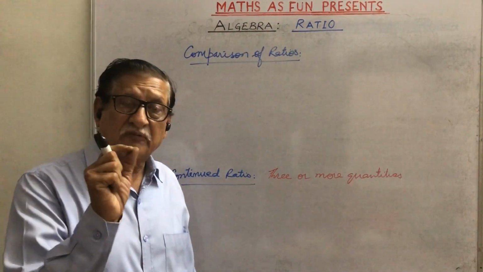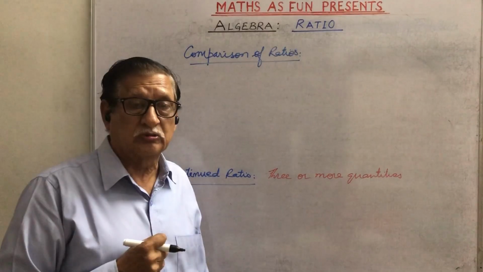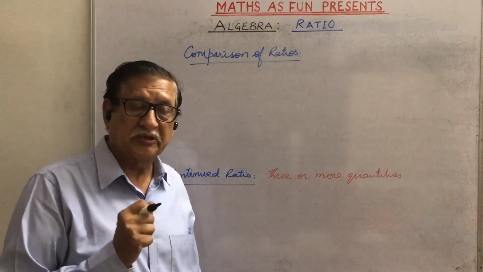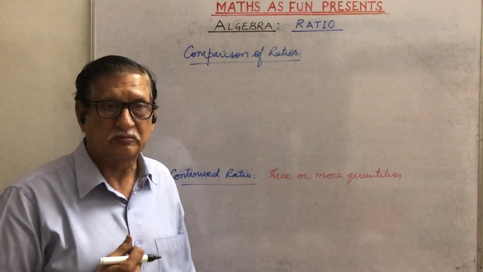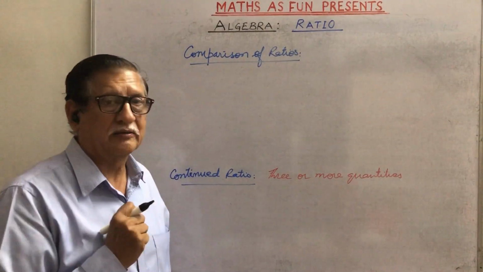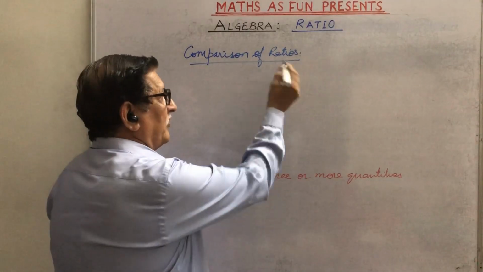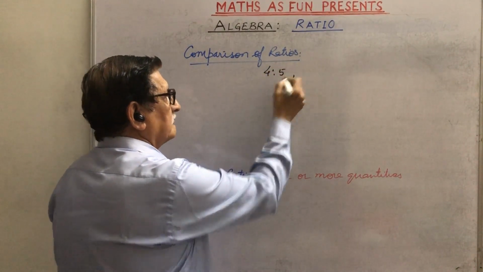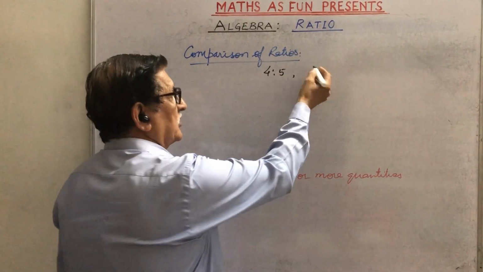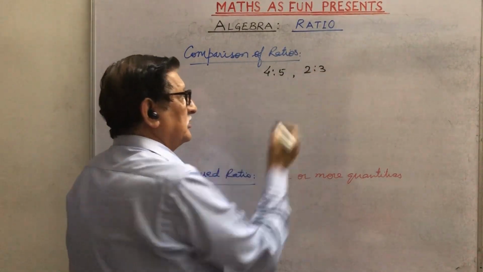Now in case we have been given two or more ratios and we want to compare them. Comparison of ratios means which is the greater ratio and which is the smaller ratio. How to do that? Suppose we have one ratio as 4 is to 5 and another ratio as 2 is to 3.